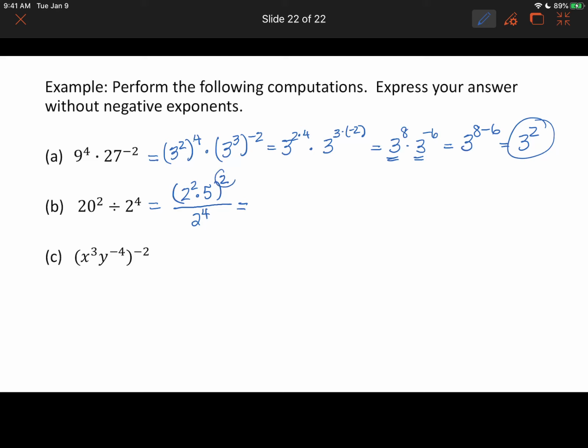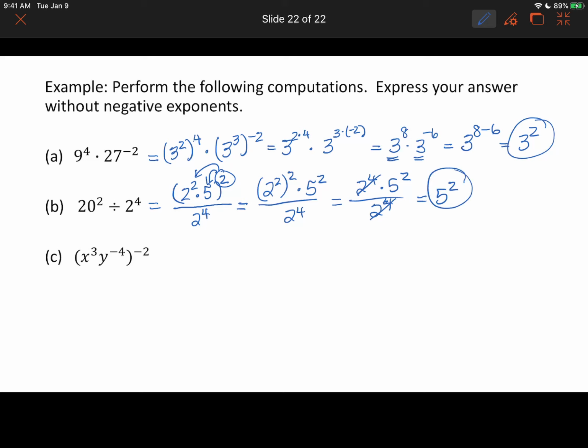I'm allowed to bring this exponent in to each term, right? So I get (2 squared) squared times 5 squared over 2 to the 4th. 2 squared squared is 2 to the 4th, times 5 squared over 2 to the 4th. And here it straight up cancels, so I'm left with 5 squared.